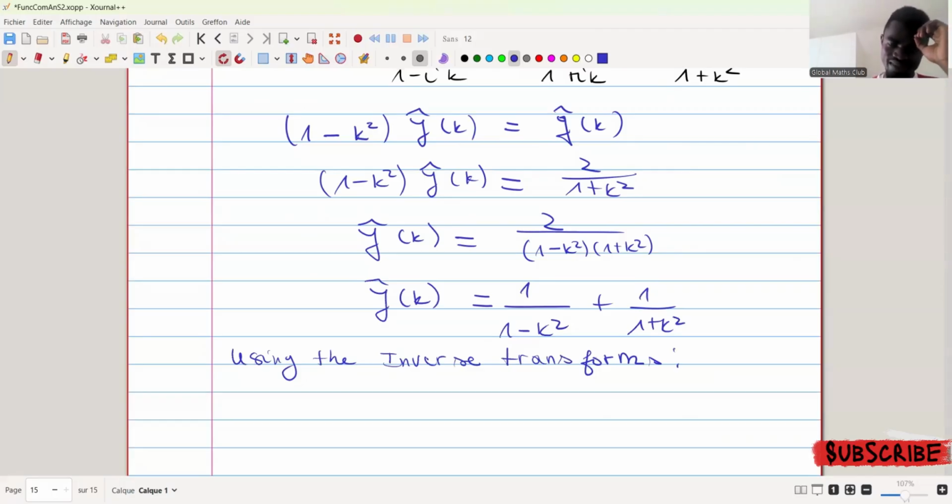Actually, these things are well known, but I can give you the formula of the inverse transform. So the inverse transform is the integral where you just have to put the Fourier transform times exponential, where you remove the minus, dk.